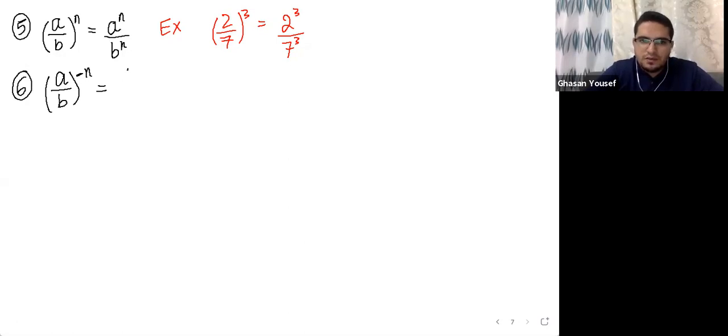This is equal to b over a because we have minus. When you see the minus, we flip over n. And again, we use the same rule like number 5. We distribute the n. So this is equal to b to the n over a to the n. How I know this? Property number 5.